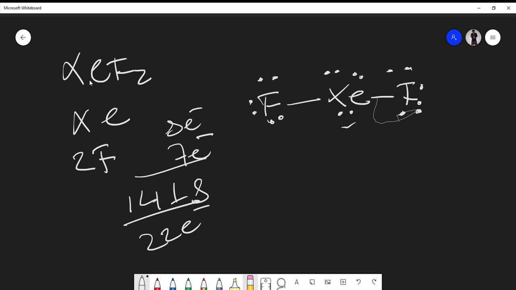So we have 22 electrons in total. To clear this up, the Lewis dot structure for xenon difluoride looks like this. Again, the number that we counted matches exactly what our total is.